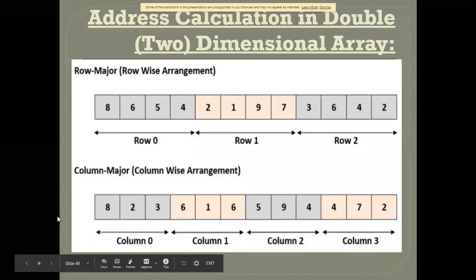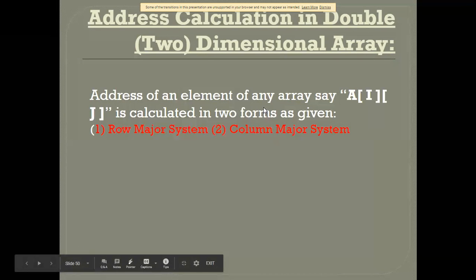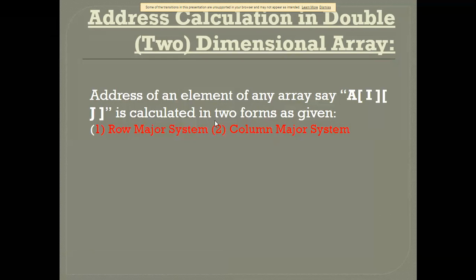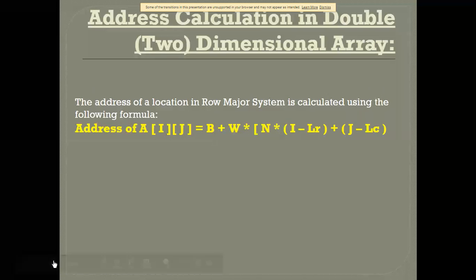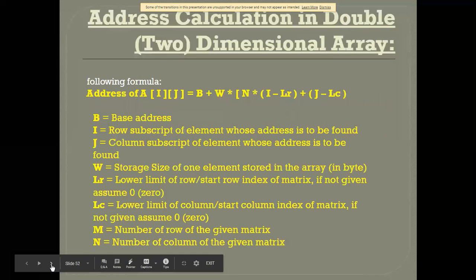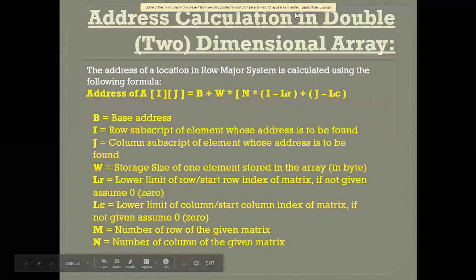Okay, so now we have seen how the elements are stored into the memory. So what is the formula? Again, the address of an element A[i][j] is calculated in two forms, row major and column major system. So what exactly is row major? We focus on that formula for row major. The row major system is calculated using the following formula.